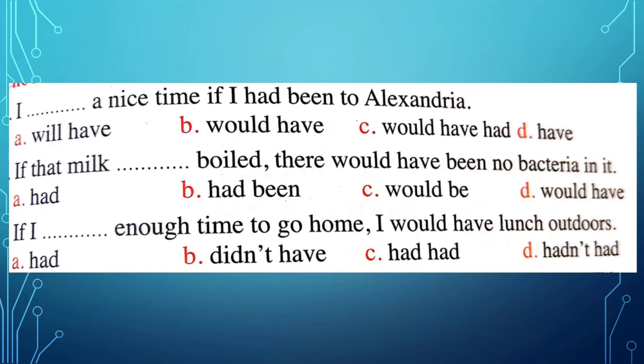If I space enough time to go home, I would have lunch outdoors. Okay. Had, didn't have, had, hadn't had. And the answer is didn't have. Okay.